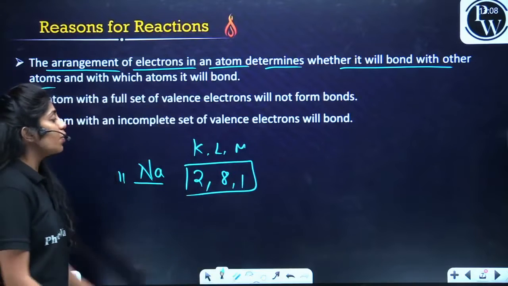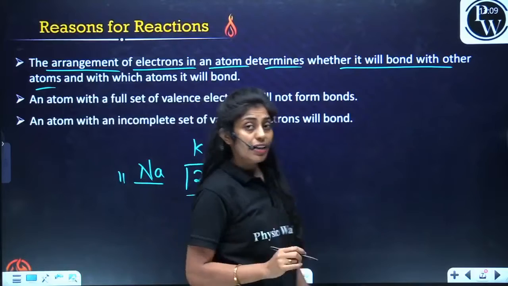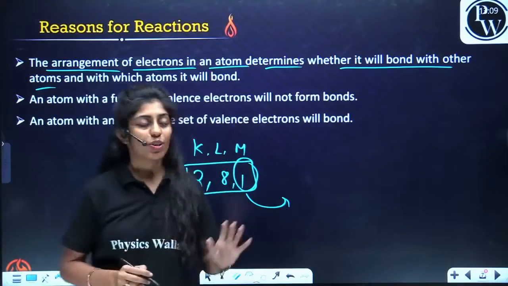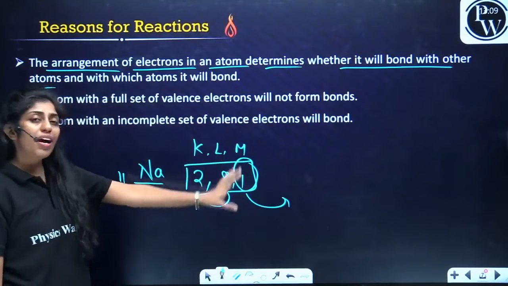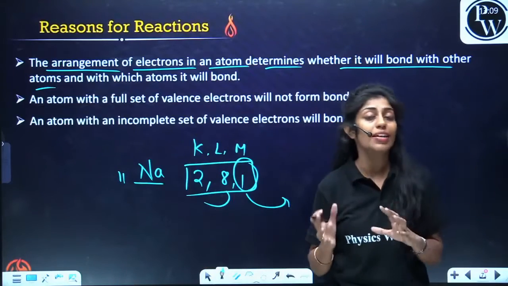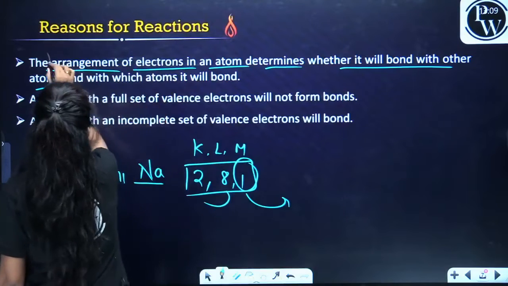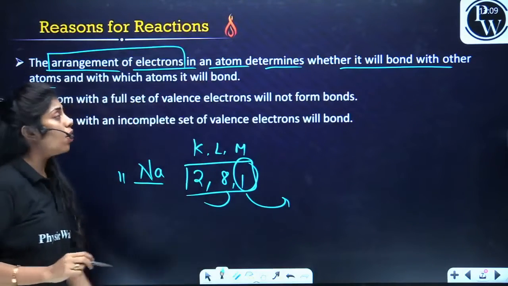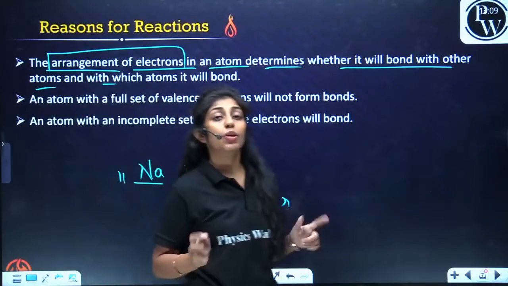Now, it has one electron to donate. So it can participate in the reaction because it does not have a complete octet. There is one extra electron. Due to the transfer of this electron, it will be making and breaking the bond. So the arrangement of electrons in the atom determines whether it will bond with another atom and with which atom it will combine.